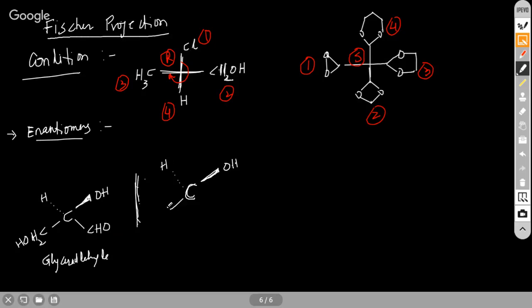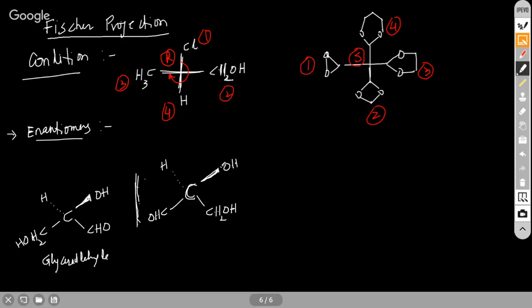This side we have CHO, and this side we have CH2OH. Right? Now you see this molecule. These are non-superimposable mirror images. Non-superimposable how? You take this molecule and place it onto this molecule.